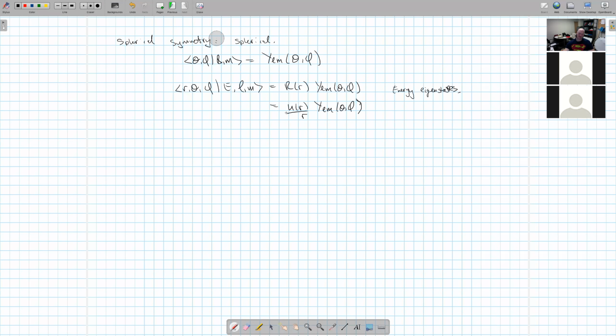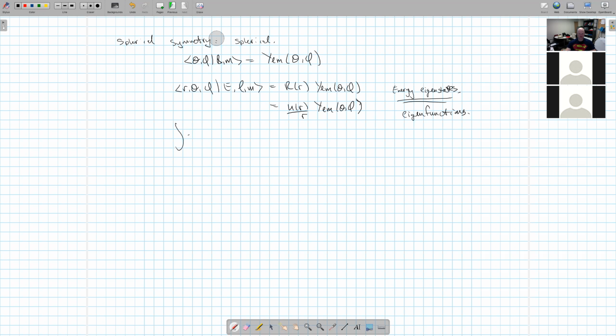So that depends basically just on the radial piece times our spherical harmonics. Our eigenfunctions here, these are our energy eigenstates, have to be normalized.